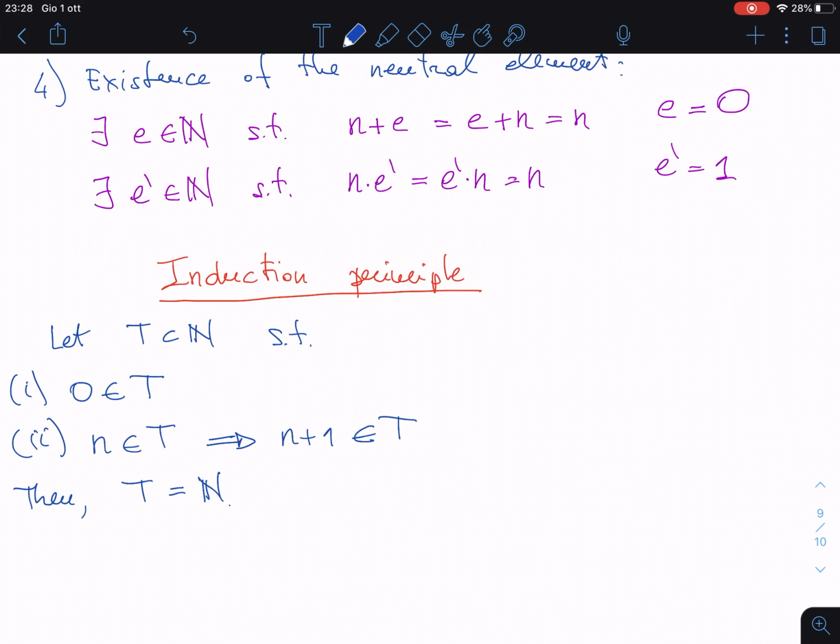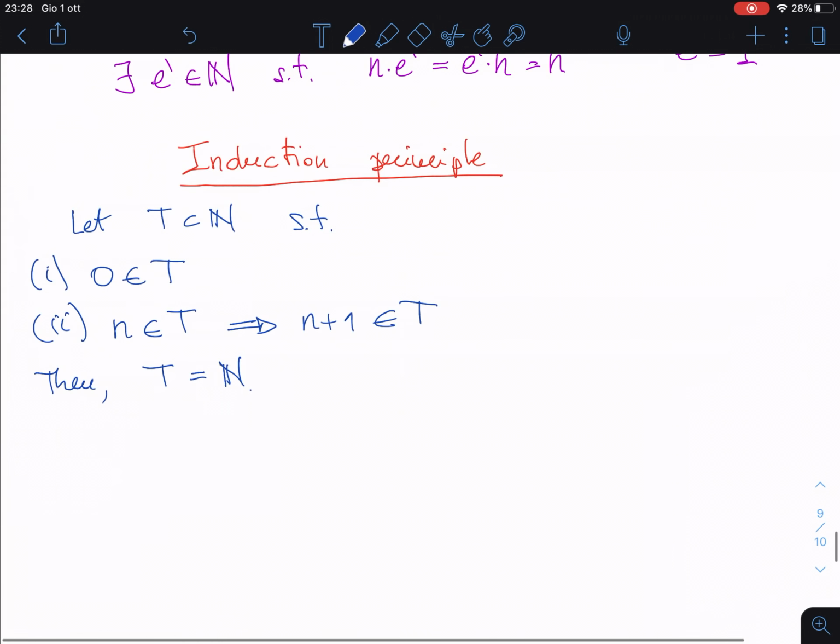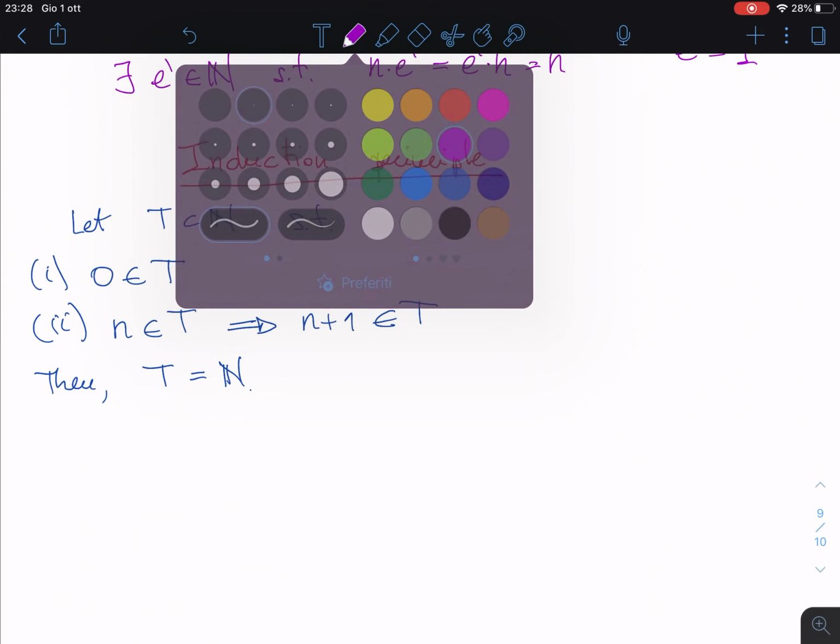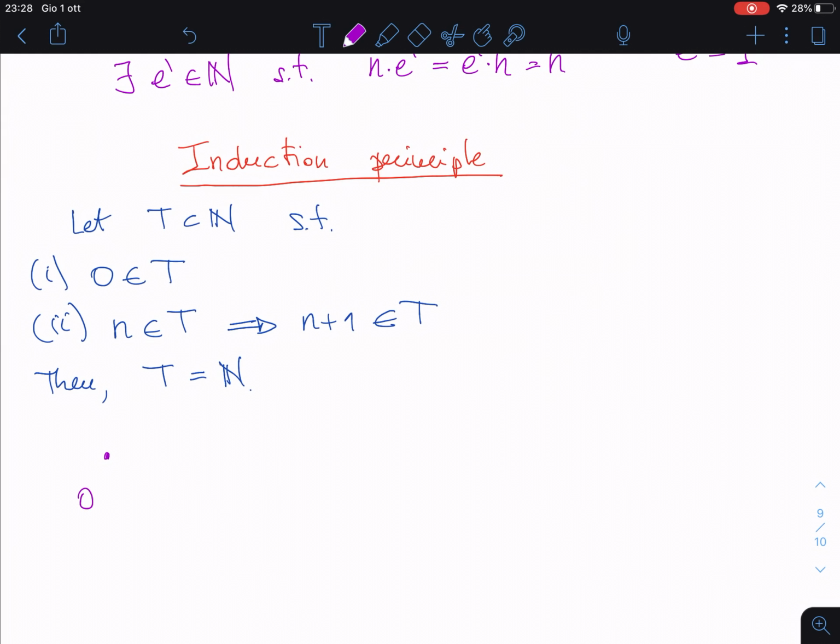Okay, the reason is quite clear at our level, because 0 belongs to T by 1. Then by 2, if 0 belongs to T, then 0 plus 1, equal to 1, belongs to T. So this is for point 2.